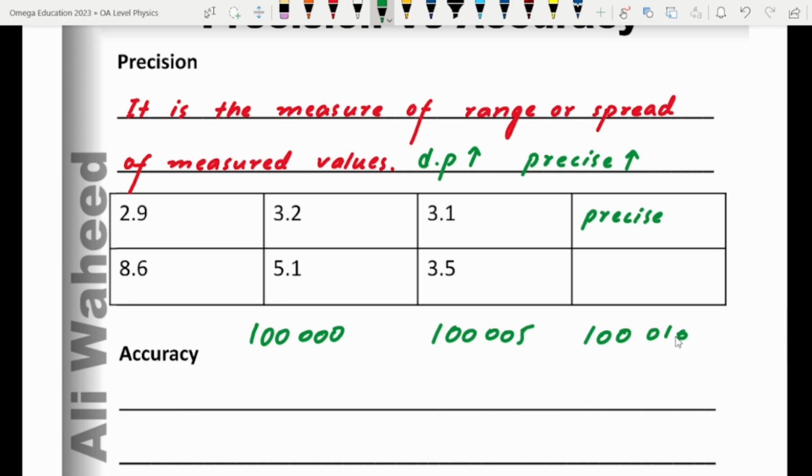So keep it in your mind, whether or not the difference is huge or non-significant depends on the measurements themselves.